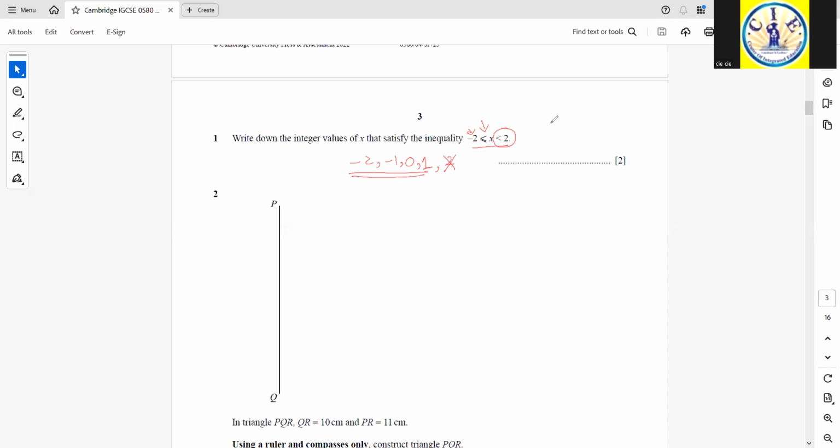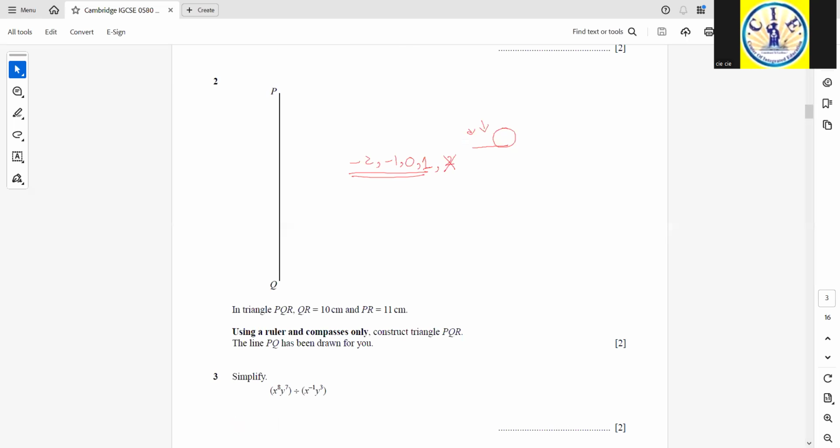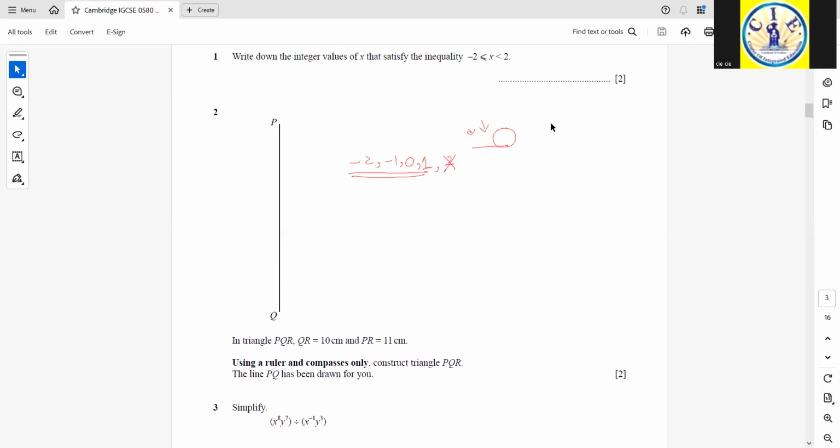Now for question number 2. In triangle PQR, QR equals 10 centimeters and PR is equal to 11 centimeters. Using a ruler and compasses only, construct triangle PQR. The line PQ has been drawn for you. What we need to do is draw QR first.